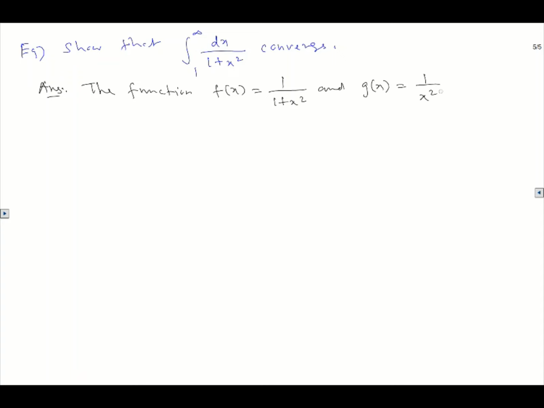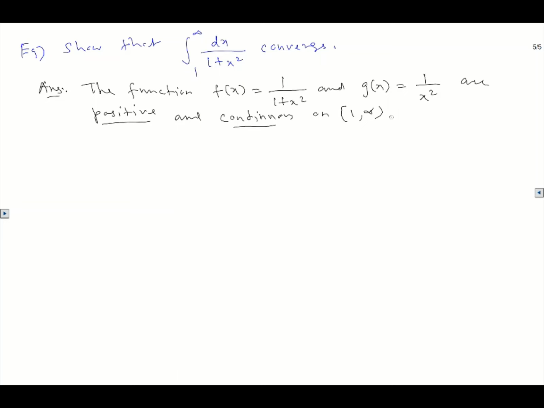That's how you get it. You only take the largest terms. Both are positive, that's one condition, and continuous on 1 to infinity, which is what the integral is on. So we know that condition.